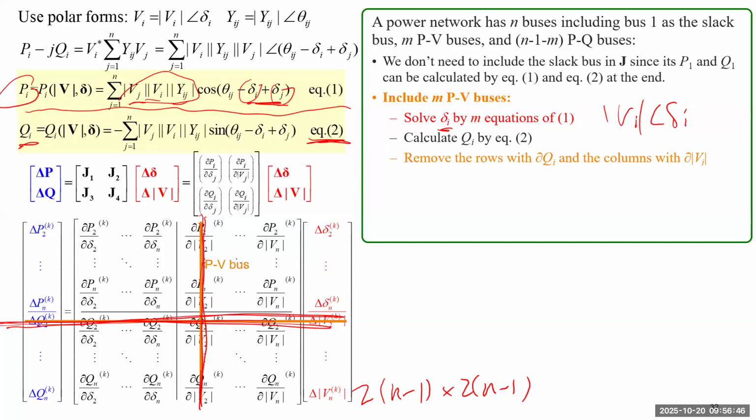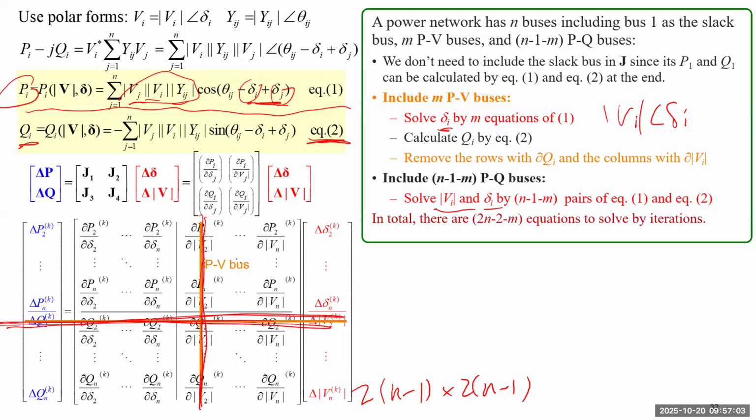So if we have m PV buses, we need to cross off m rows and m columns. That makes the Jacobian even smaller. For the other type of buses, like PQ buses, we need to solve both voltage magnitude and angle, so their elements need to be there.